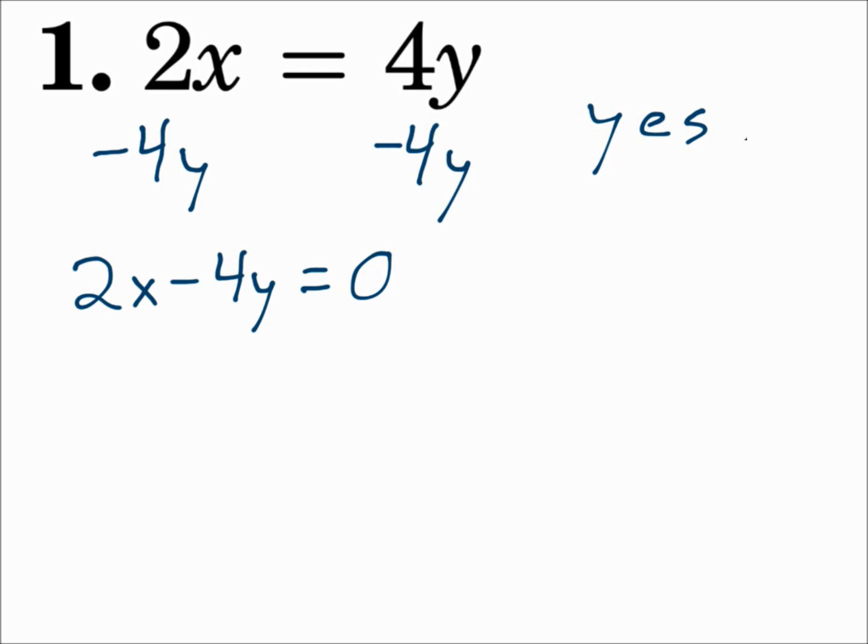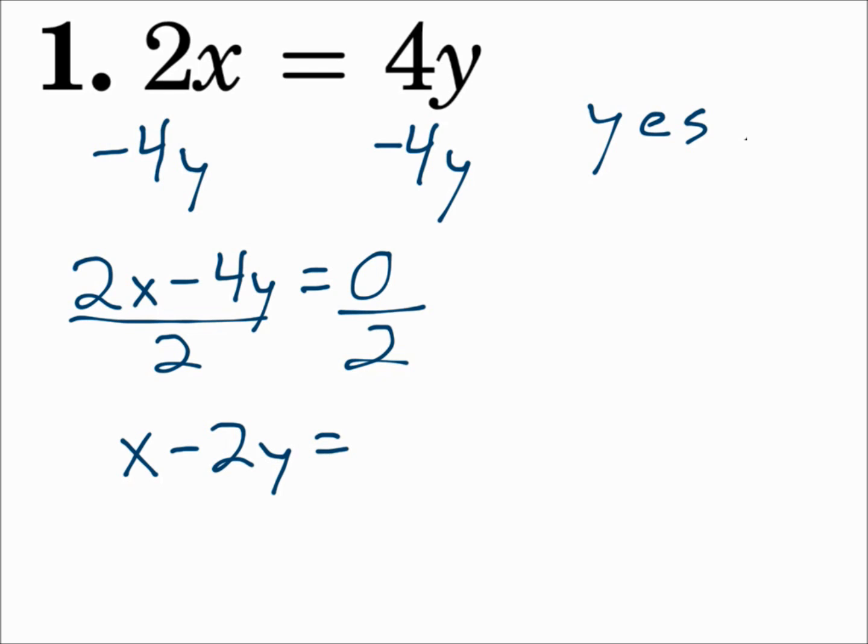So if I divide everything by 2, then that will reduce it. 2x divided by 2 is 1x, or x. Negative 4y divided by 2 is negative 2y. And 0 divided by 2 is still 0. So now it's finished. Get everything in order and make sure that everything is reduced properly.